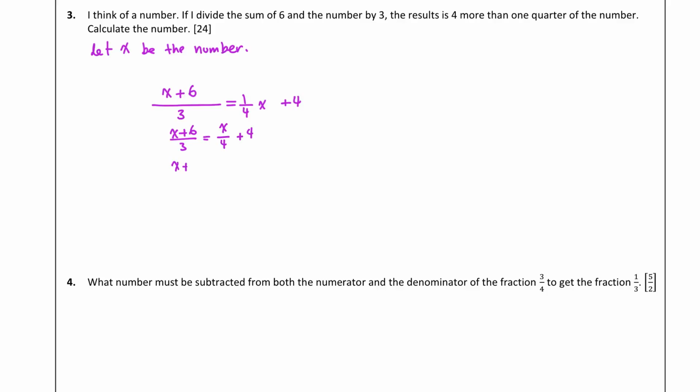So still keep the left hand side the same, but for the right hand side, this 4 is the same as 4 over 1, so I can get a common denominator between 4 and 1, which is 4.